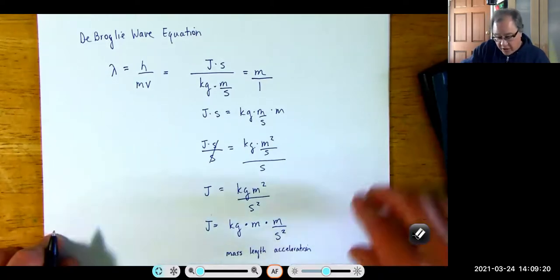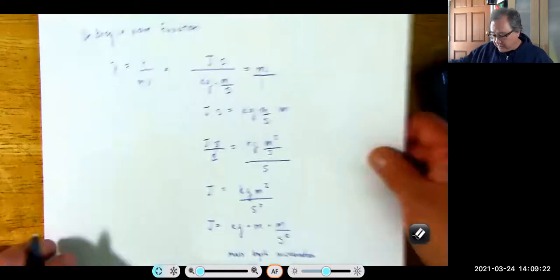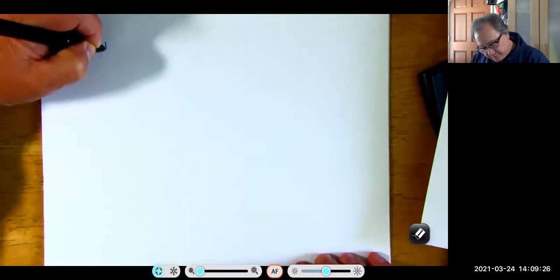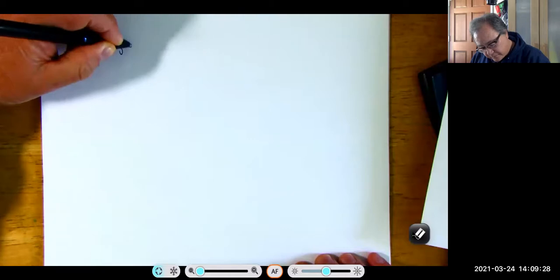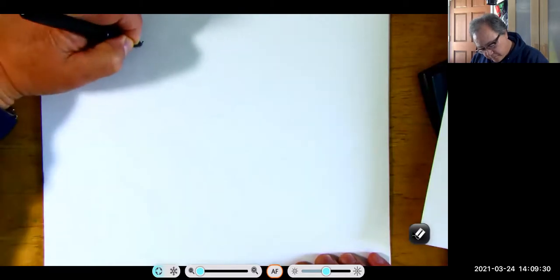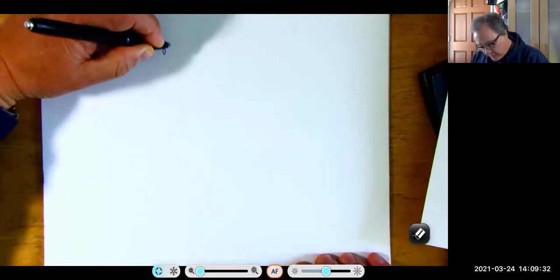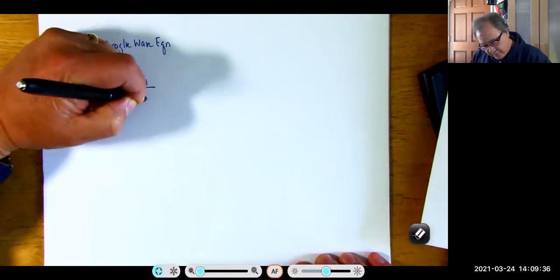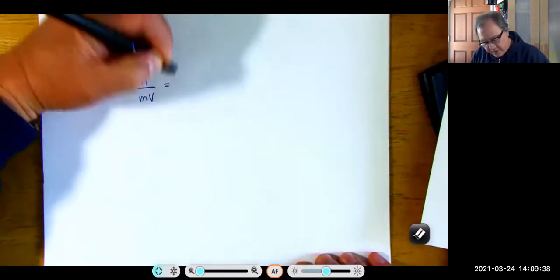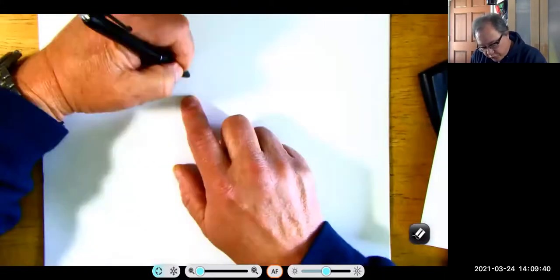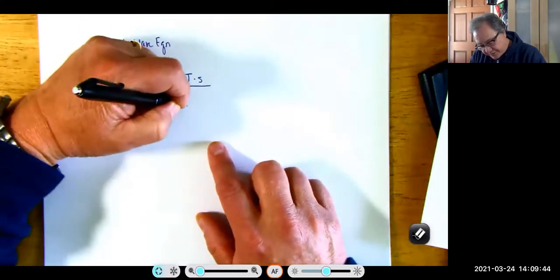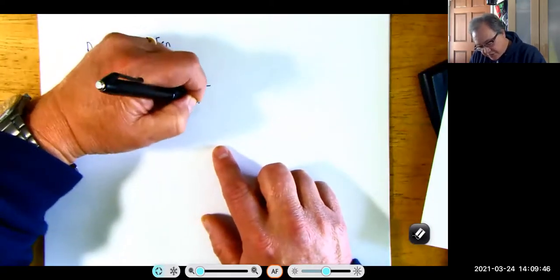Okay, so here, if we go back to the de Broglie wave equation, you can see that we have joules, seconds, kilograms, and meters per second.